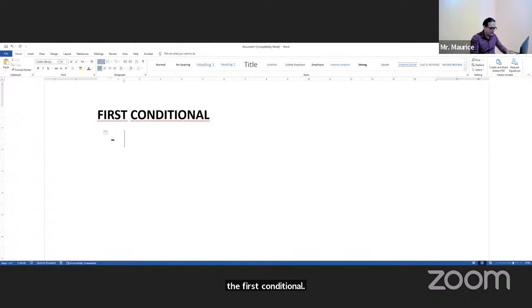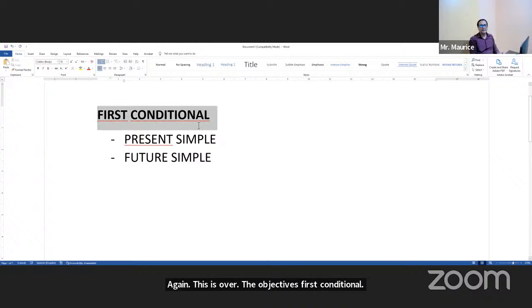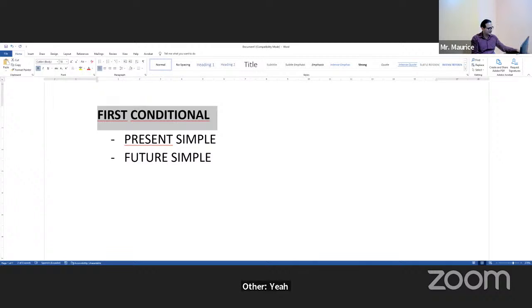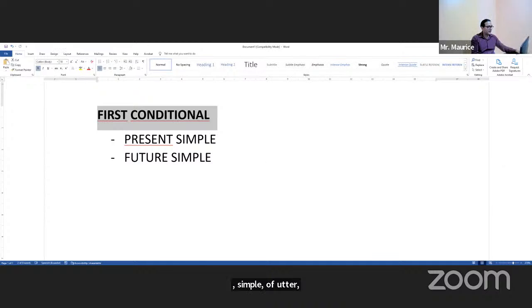Tense number 1, present simple, and tense number 2, future simple. This is our objective. First conditional. Adrian Rugel, could you please read this for me? Adrian, can you hear me? No? Okay. Conditional, present simple, future simple. Thank you very much.